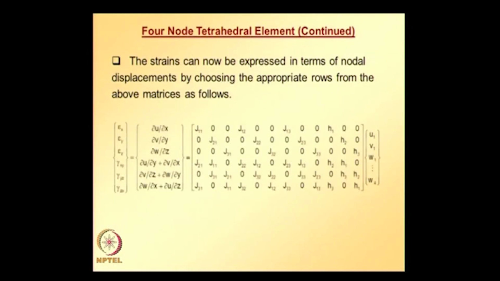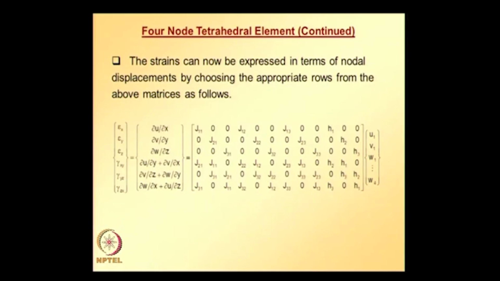Since strain components are defined like this, putting together all the strain components, epsilon x is equal to partial derivative of u with respect to x, epsilon y is equal to partial derivative of v with respect to y, epsilon z is equal to partial derivative of w with respect to z, gamma xy is partial derivative of u with respect to y plus partial derivative of v with respect to x, and so on.